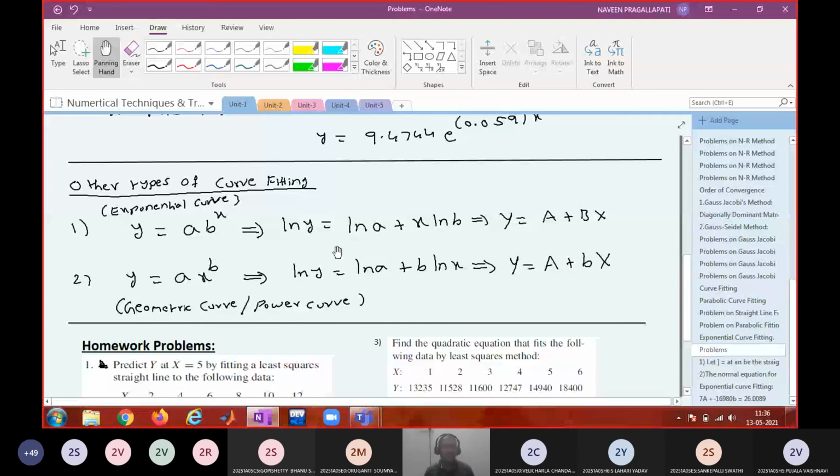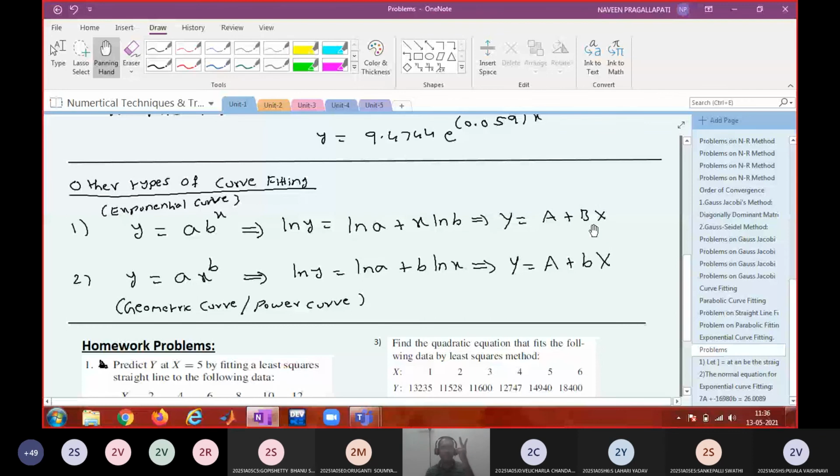In this case also you can take logarithm on both sides: log y equal to log a plus x into log b. If you take log y equal to capital Y, log a equal to capital A, log b equal to capital B, you can write down the normal equations accordingly. See, the symbols are also important. How many columns are you going to prepare for this equation? xi, yi will be given, 2 columns.